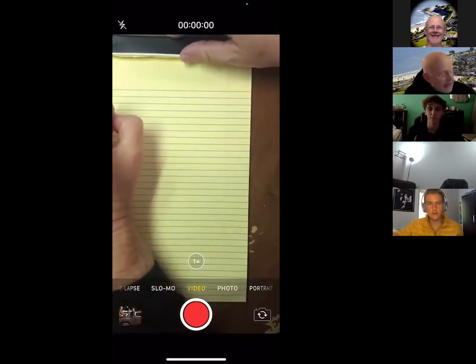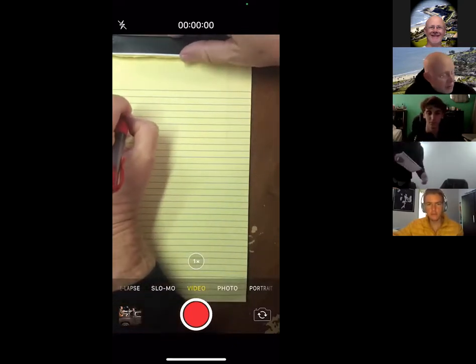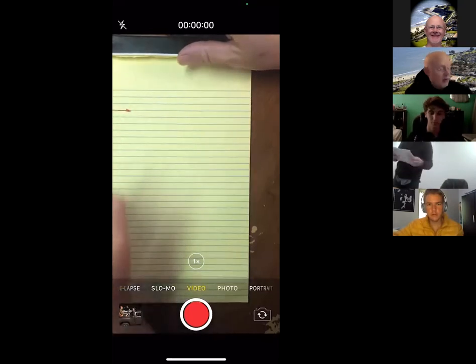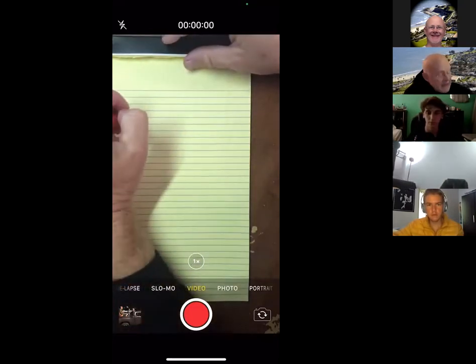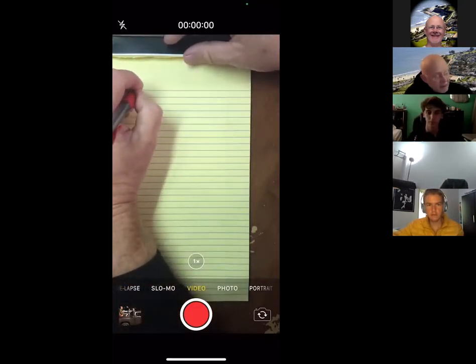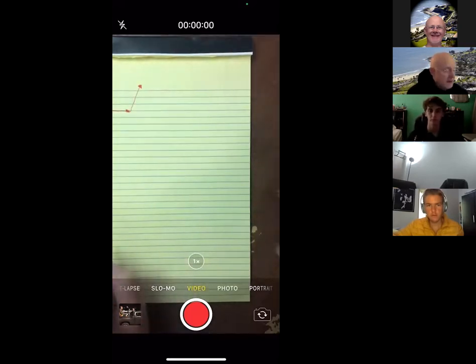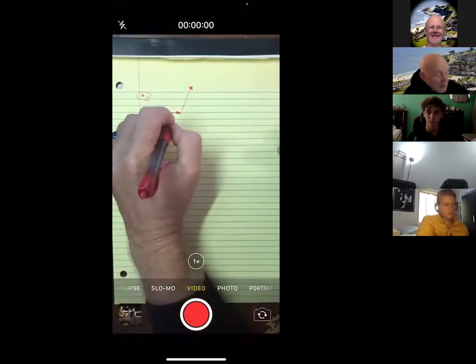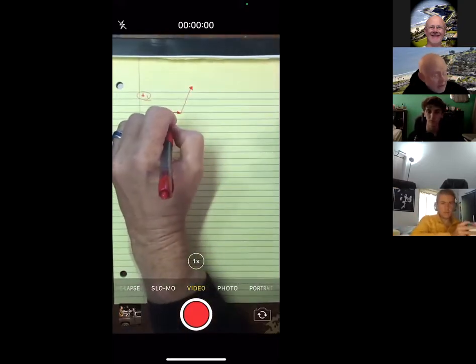So we like to say something like this. We like to say, take vector number 1 and draw an arrow with it. Then take vector number 2 and draw an arrow with it. Now, if you'll let me write that in symbols, I'm going to do this.